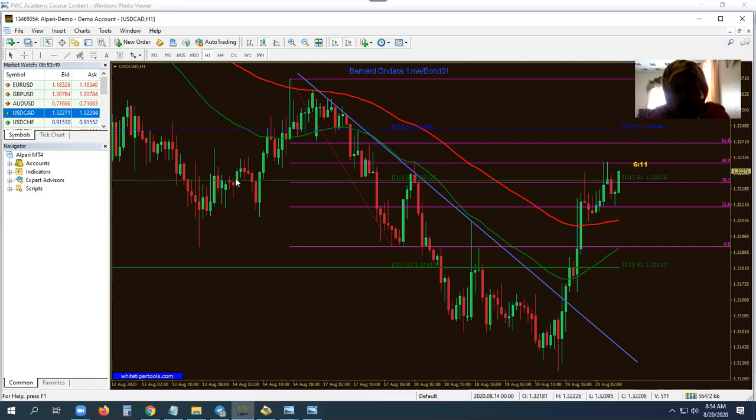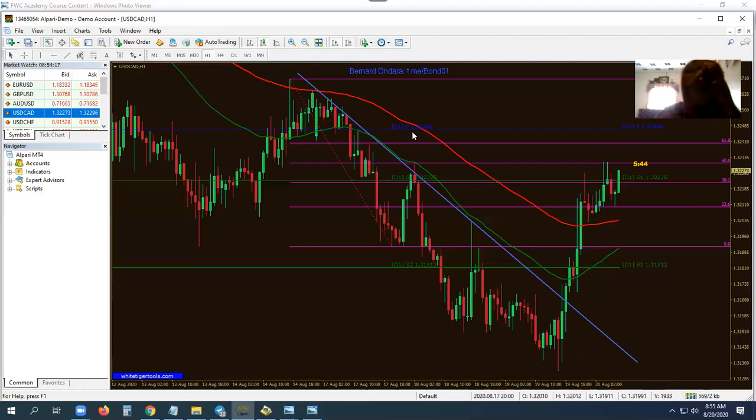So we have resistance from the pivot point, resistance from a trend line, resistance from moving averages, and resistance from Fibonacci 38 and 50. And we have a bearish signal here, an inside bar, or something like a hammer, a shooting star, or 2, 3 candles combined that give you an evening star, and the market goes down sharply.